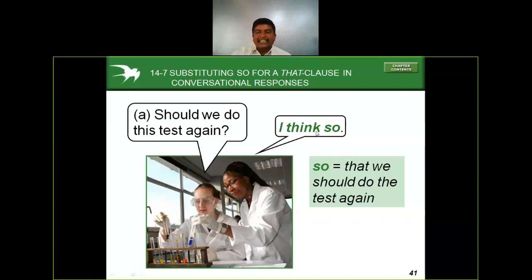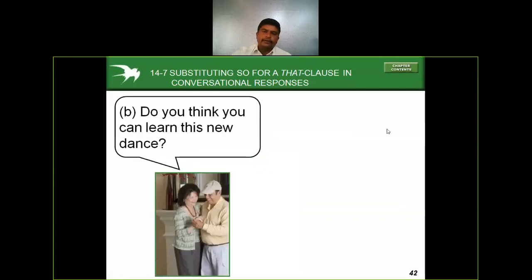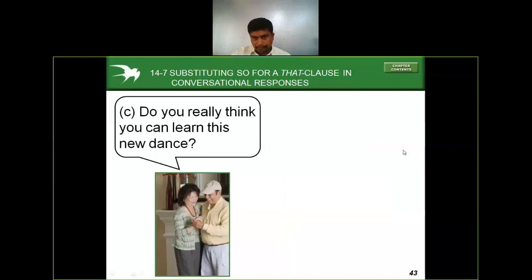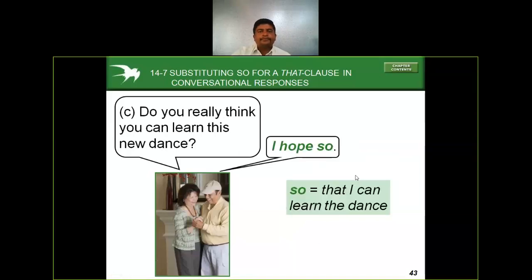Look at the word so. Do you think you can learn this new dance? I believe so. See, I am explaining the word so, standing for that I can learn the dance. Do you really think you can learn this new dance? I hope so. I think so. Both are the same. So, that I can learn the dance.